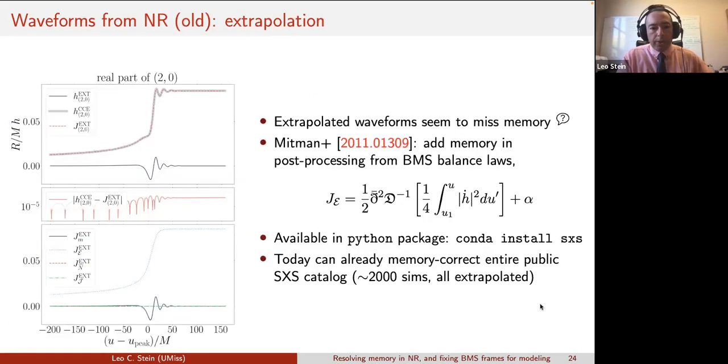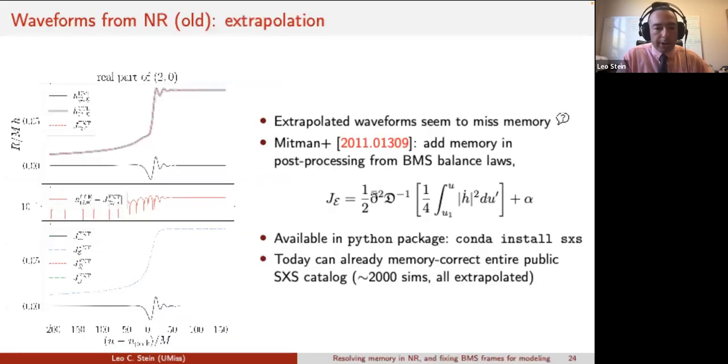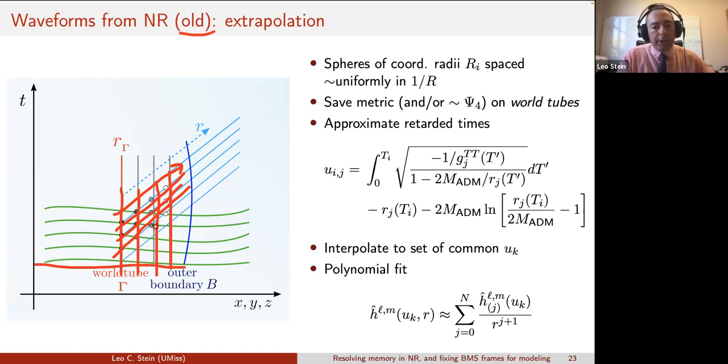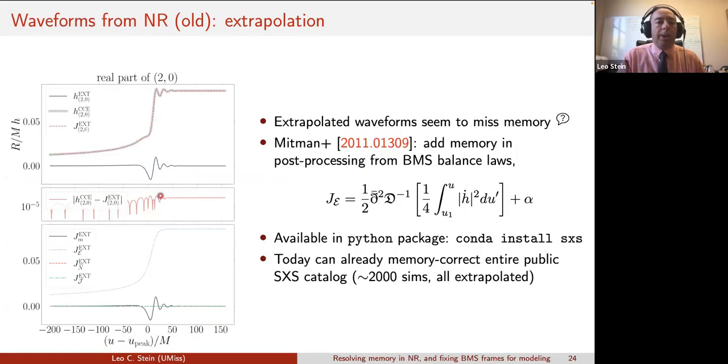Okay, so one of the problems with this extrapolation procedure is that it does not seem to resolve memory. And I don't think that there's any deep understanding for why that's the case. But empirically, it seems like you don't get memory out. So here's what I'm talking about. The strain should actually have this memory of the fact that a gravitational wave has passed.